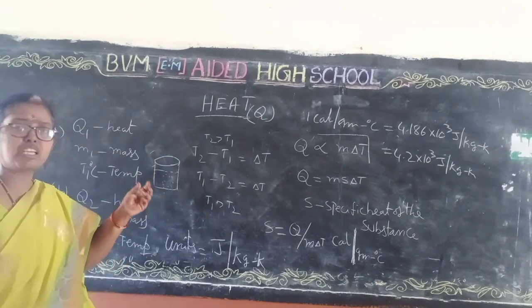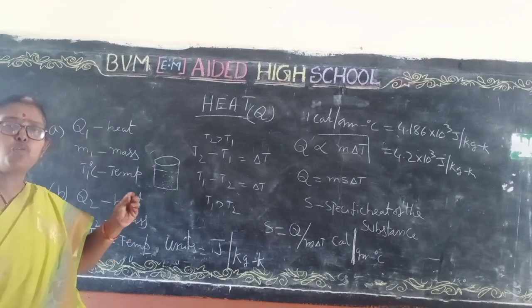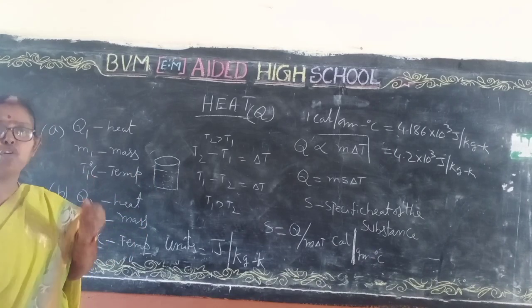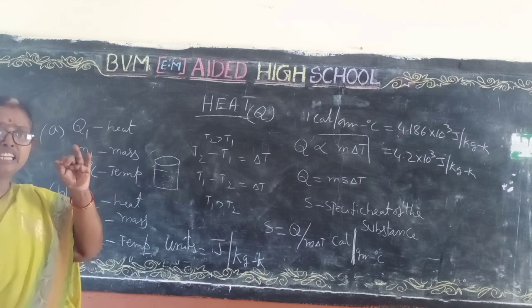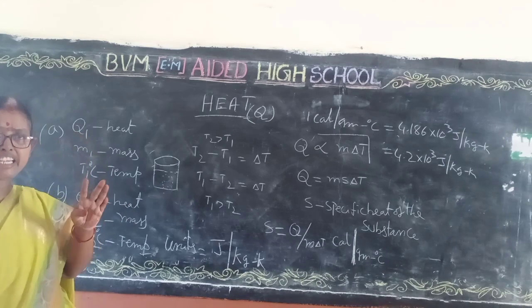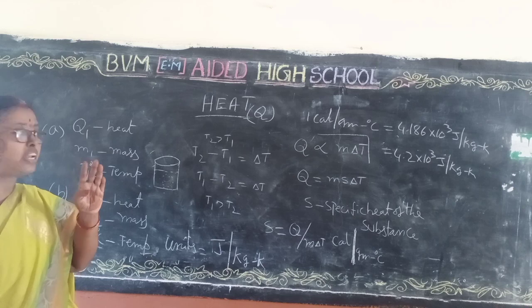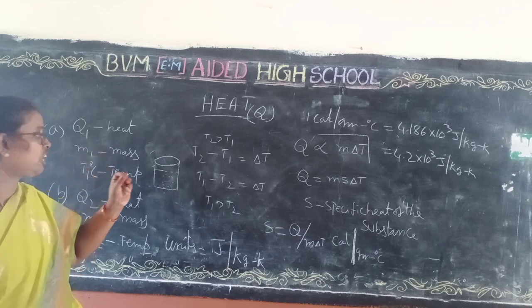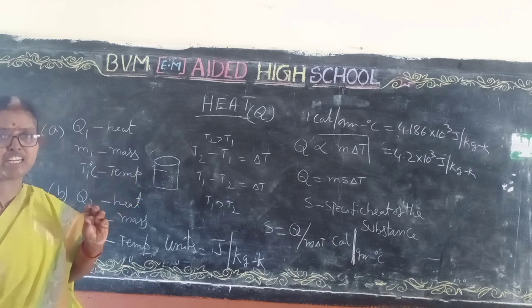So they have vibrational energy. So the molecules in a substance, what types of energy will be there now? They have rotational energy, vibrational energy, and linear kinetic energy. When heat is received by the particles or molecules, they will have all these kinds of energies.